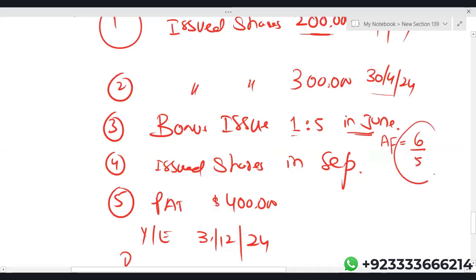Now, this adjustment factor 6 by 5 is applicable only on those shares that are there in the question before the bonus. Repeat. The adjustment factor of bonus is applicable on all those shares that are there in the company before the bonus.